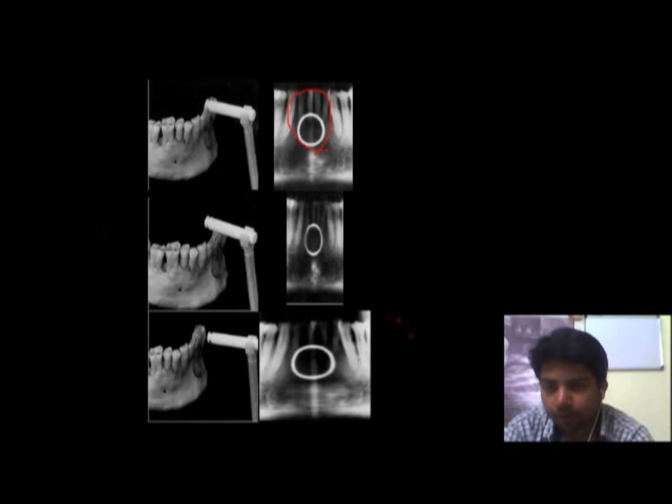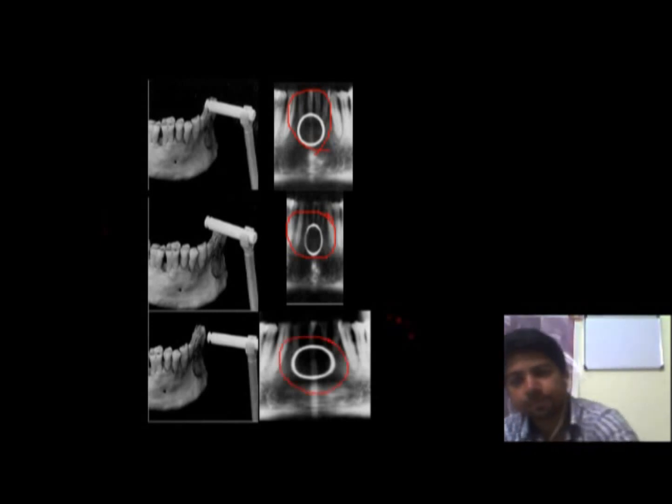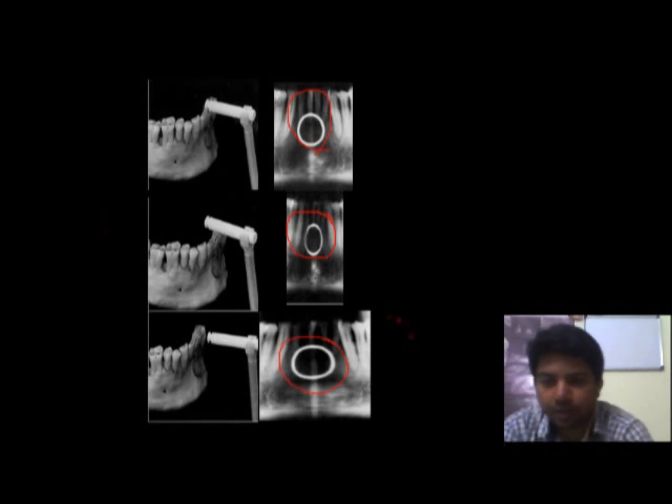But here the teeth are positioned just anterior to the focal trough, and this resulted in a diminished image with blurring. And here the structures are positioned posterior to the focal trough, and this resulted in a magnified image with blurring. So in order to see the structures clearly, the structures should be in the focal trough.